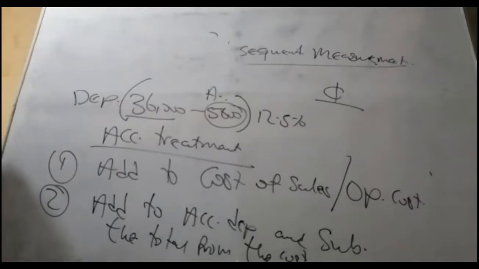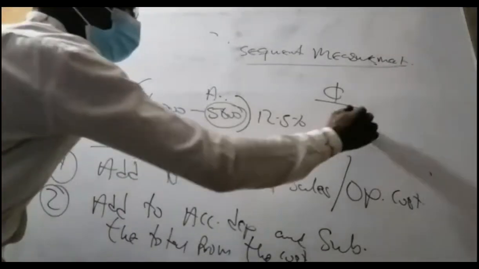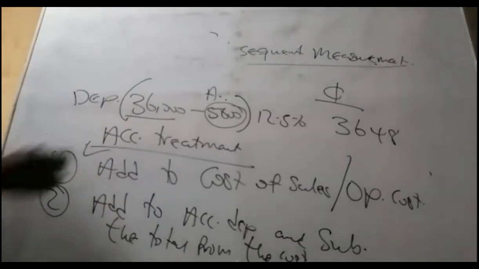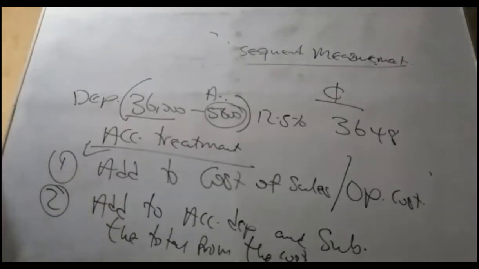That'll give us, okay, let's see, 3,648. Good. So when you go to your P&L, add this figure to the cost of sales or your operating costs. You are done.